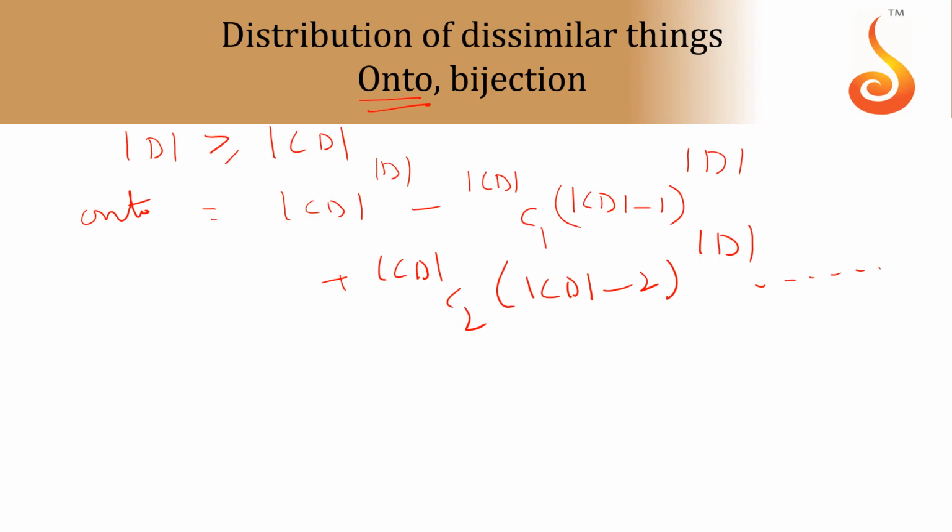That's the principle of inclusion and exclusion. That's why the formula is total functions minus, and it continues like that. And if you take this minus common, what you get in the bracket is nothing but into functions.